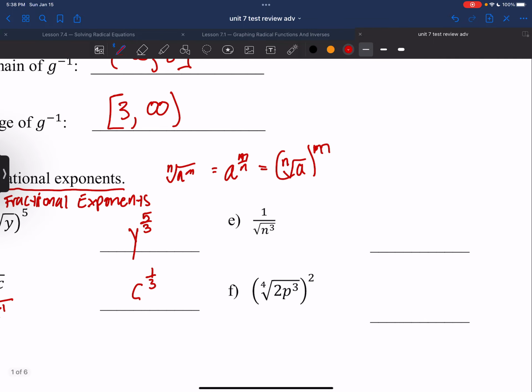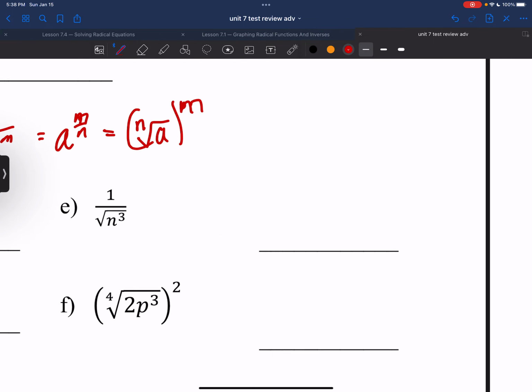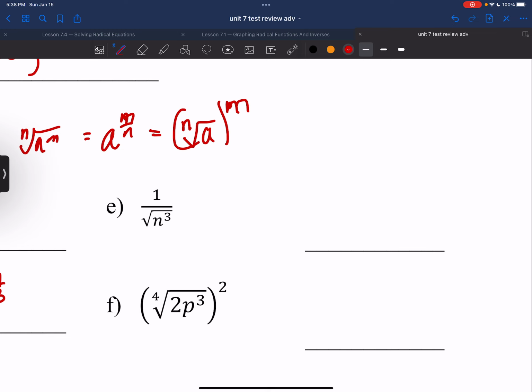Now, option E, I've got 1 over the square root of n cubed. Now, we're going to write this as 1 over n to the 3/2. But remember our other rule, 1 over x to the negative n.